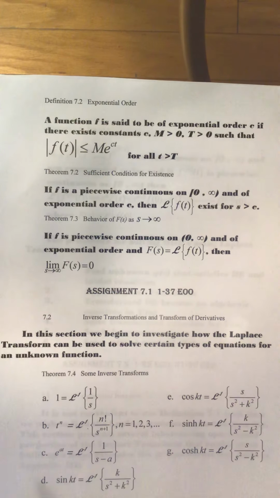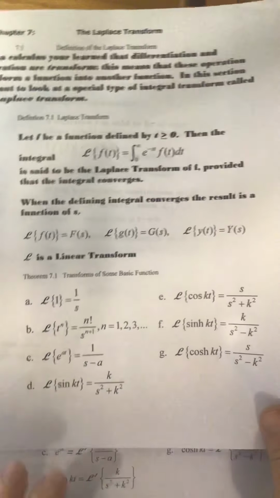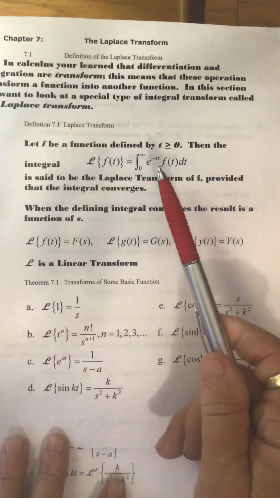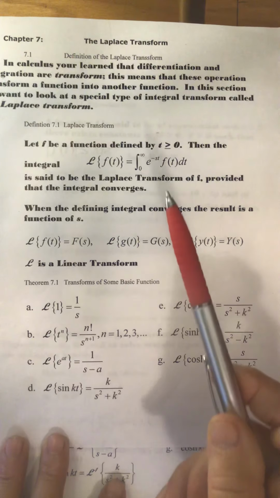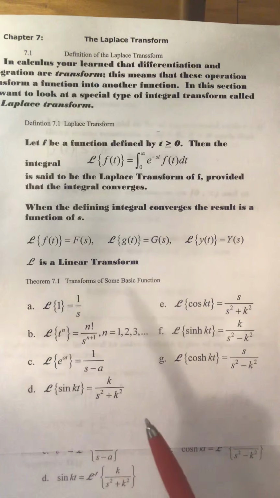There'll be a couple of videos up on this, so you might want to check those out, and we'll do a pencast to show where these came from. But this is just like a derivative table. Once you have it, you use it. You don't have to use the definition of the derivative all the time. But here is the definition, and these are the results of that definition. So you can always use the definition to do this.